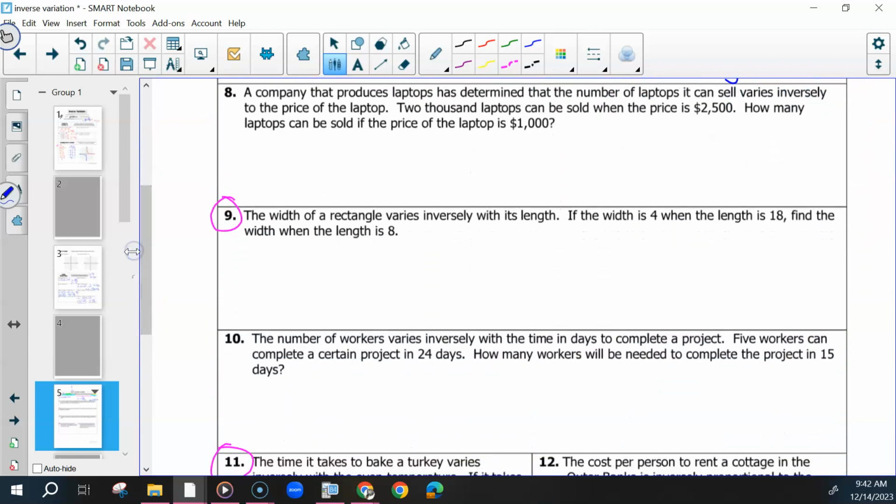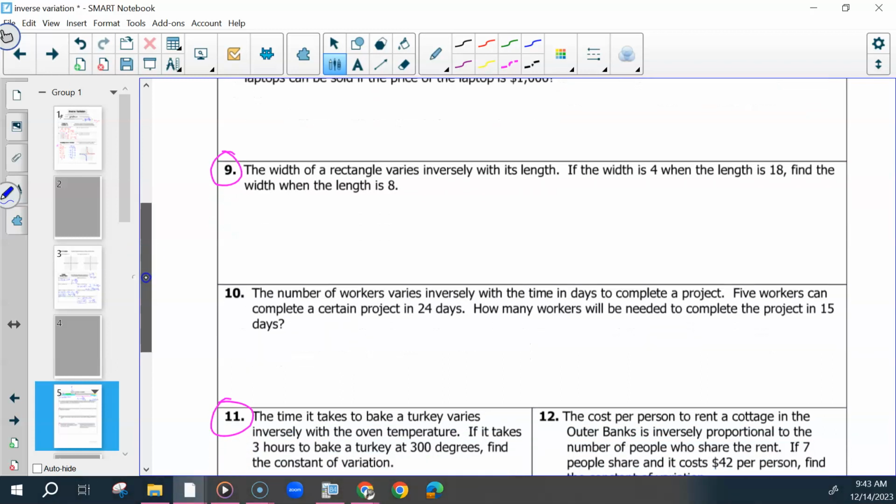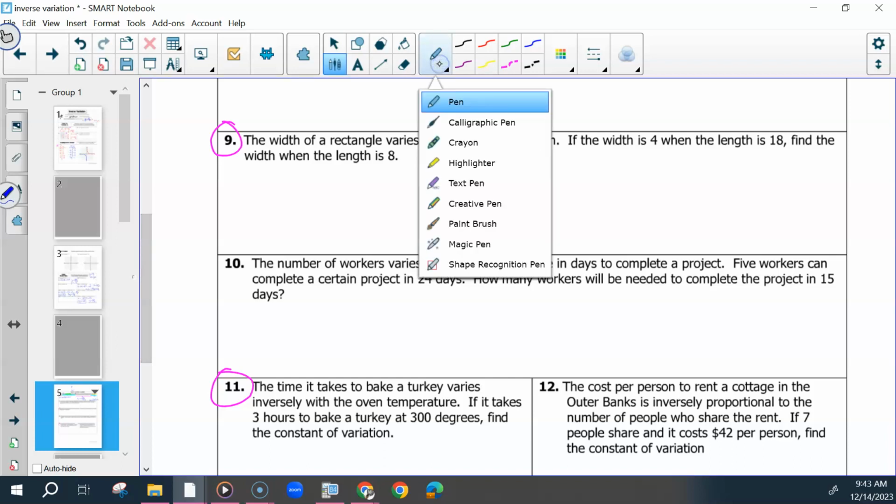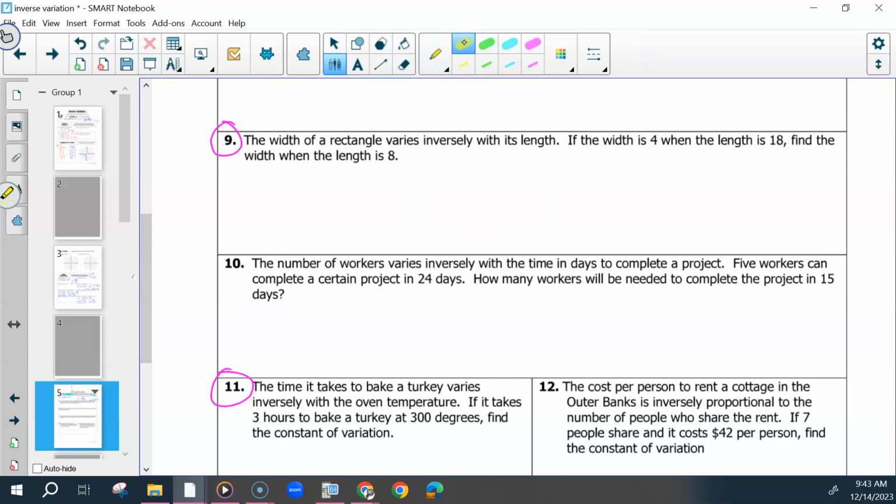I'll let you guys choose 8 through 10. Pick one of those. 9, I heard, so we'll do that one. So start reading that one. What's important there?